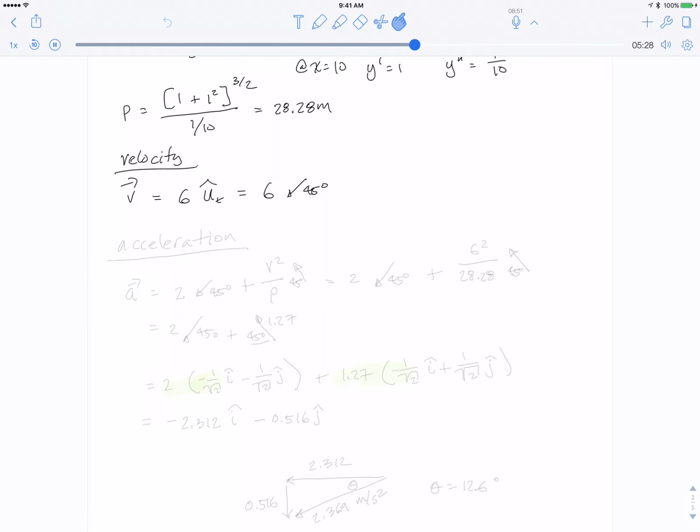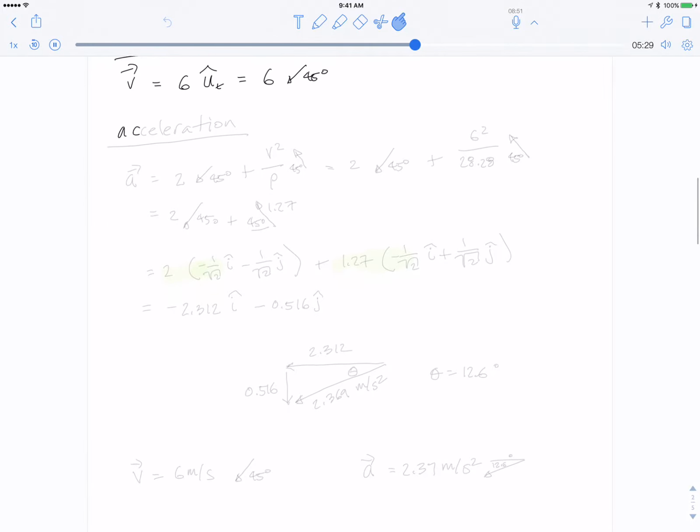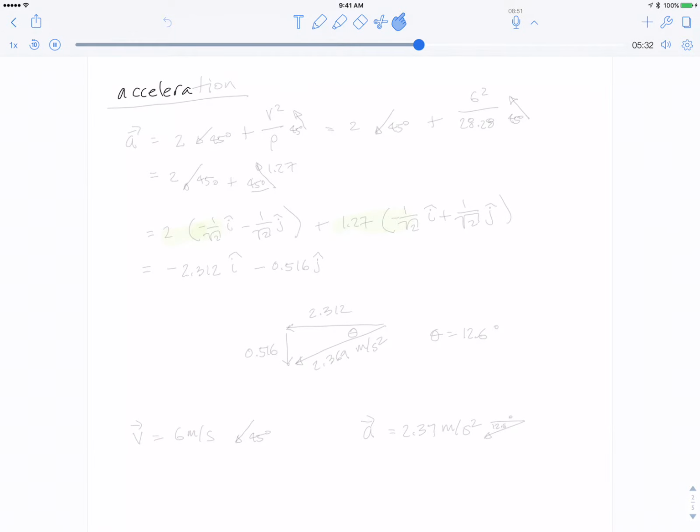Okay? The acceleration, that's given by v dot, which was 2, in the tangent direction, plus v squared over rho in the normal direction.